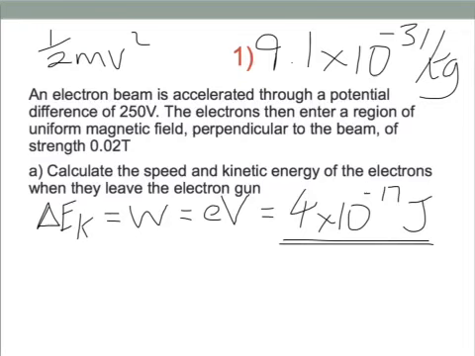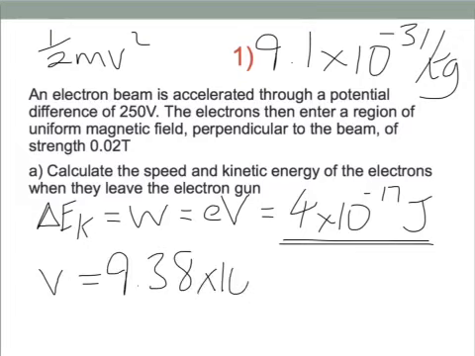So just rearranging and solving for V is the only tricky bit, really. Once you've done that, you should get just a tad over 9 million meters per second.